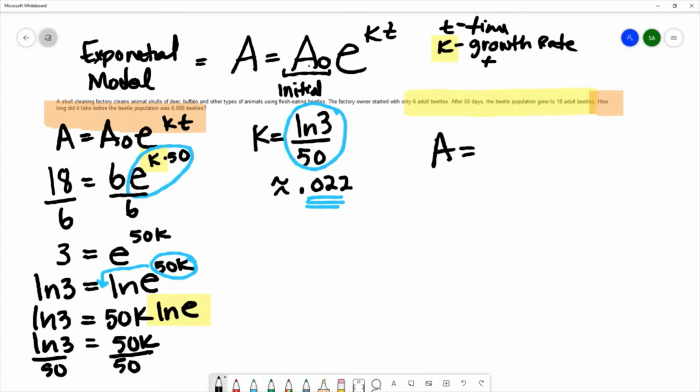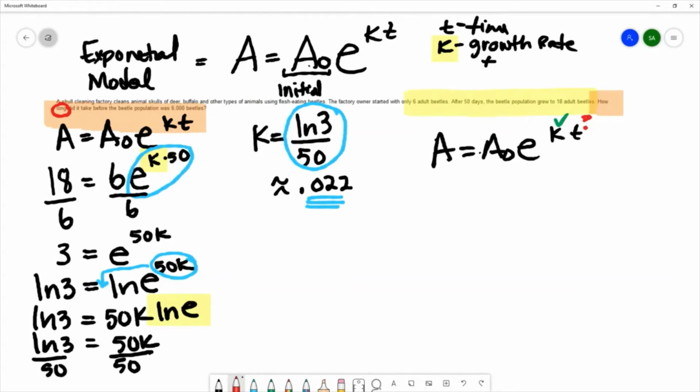A equals A naught e to the kt. Remember, we now know the growth rate to be natural log of 3 over 50. The question says how long, so that means that the thing that we're looking for in this problem is time.